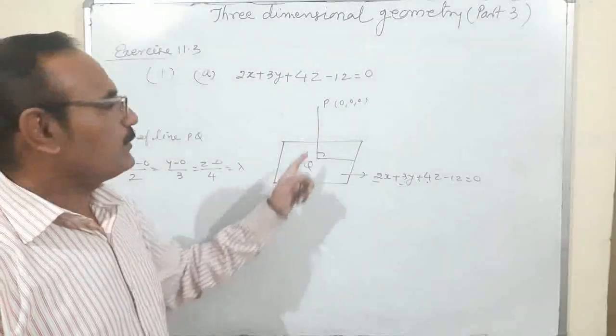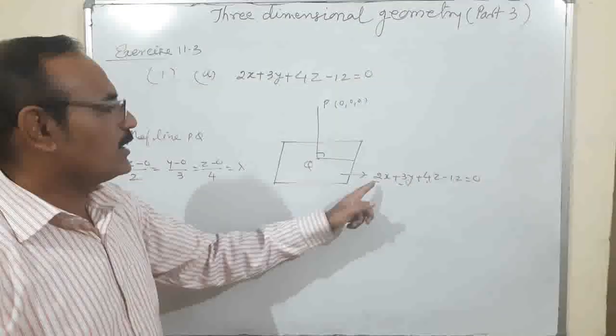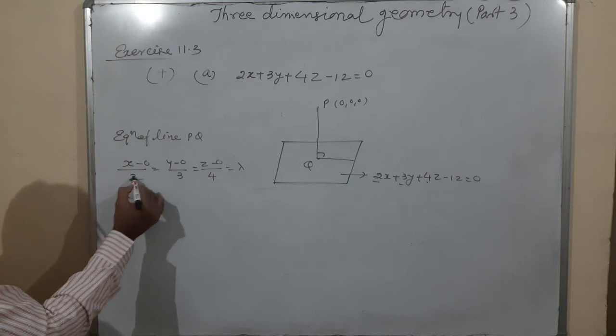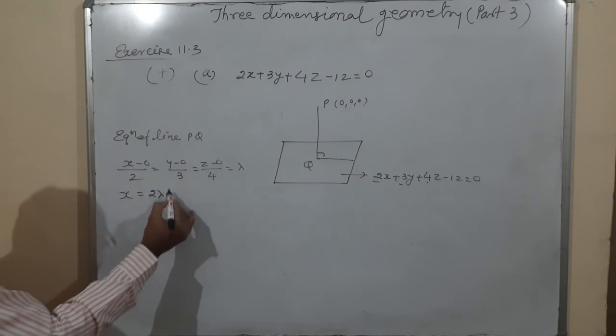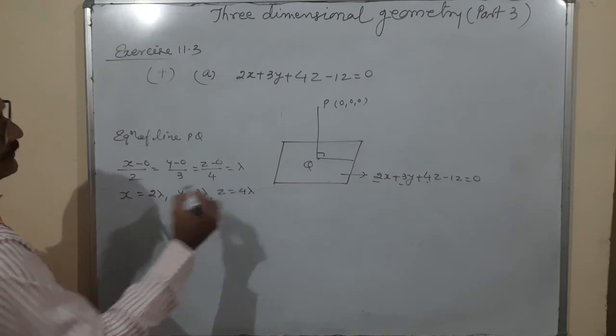So the equation of the line PQ is x minus 0, y minus 0, z minus 0 upon 2, 3 and 4. So x is equal to 2 lambda, y is equal to 3 lambda and z is equal to 4 lambda.